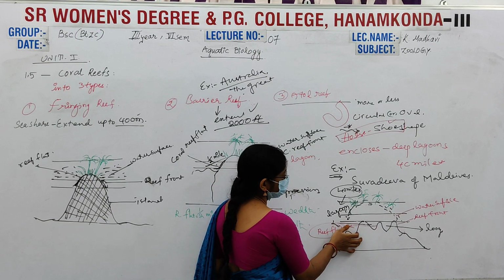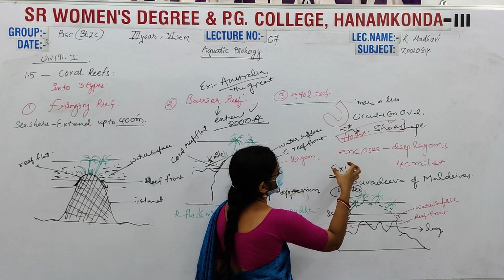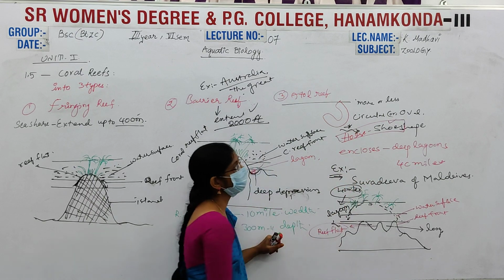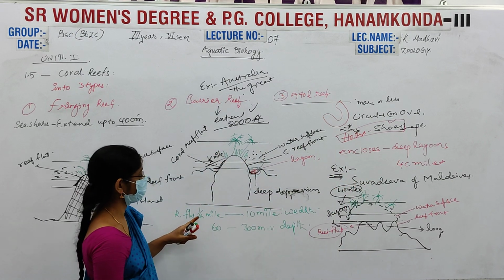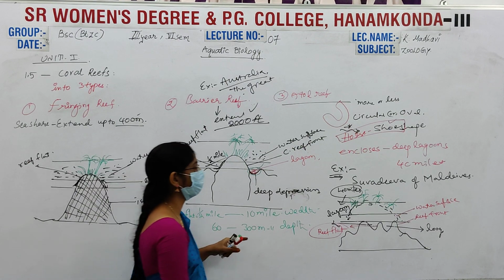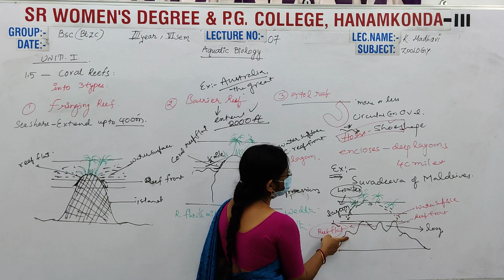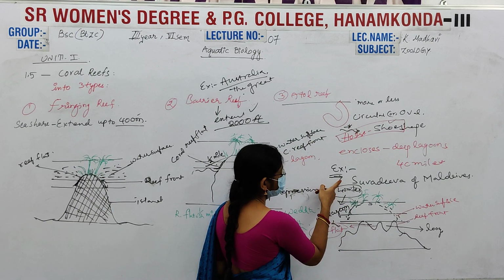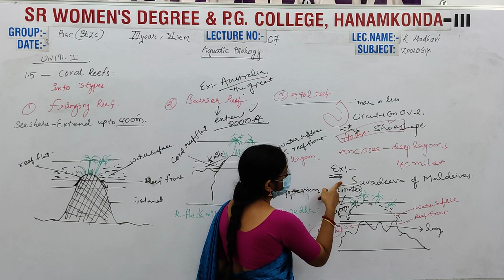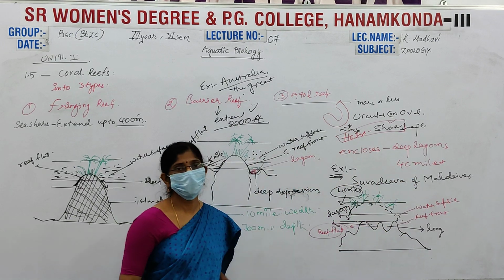Very deep lagoons are present here, up to 40 miles in width. The best example is Suvadiva, present in the Maldives.